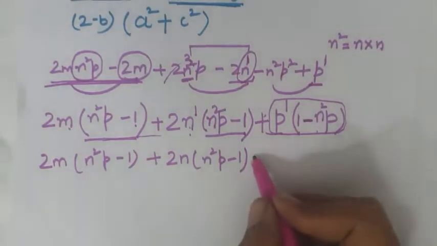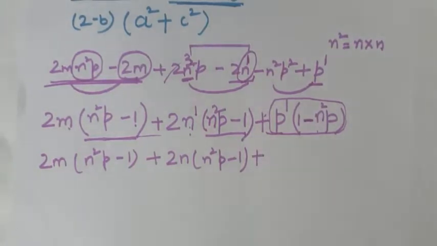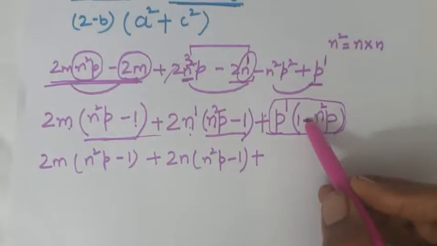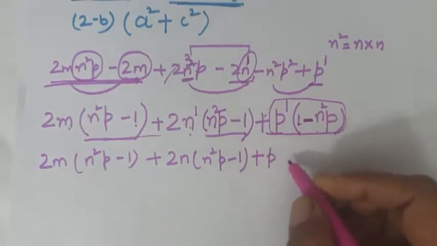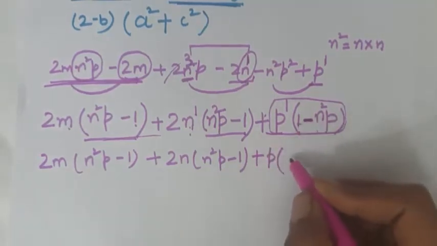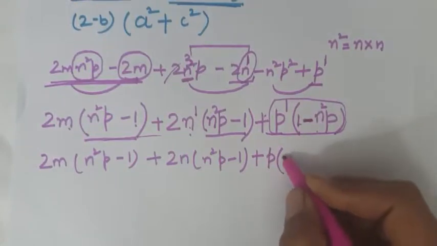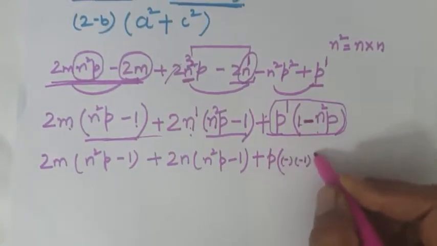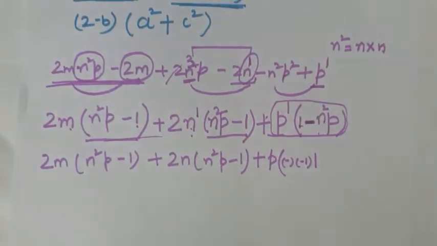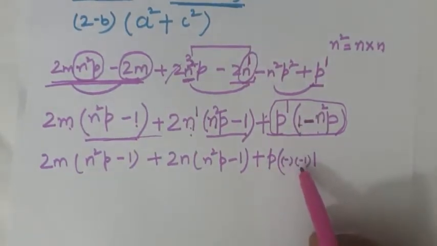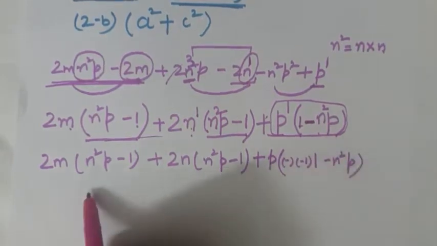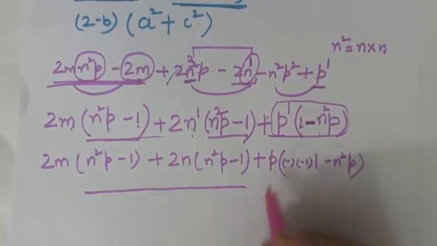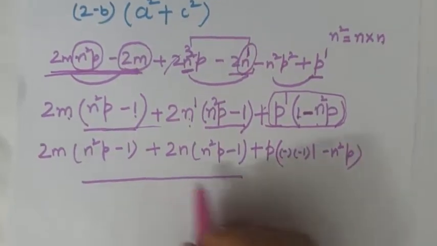Now how can we take negative sign common? You will think negative is only here, not here. But students, if you see carefully, 1 can be written as minus minus 1. Yes, because minus minus is plus. Minus n square p. Now this whole will remain same. I am not writing it again.